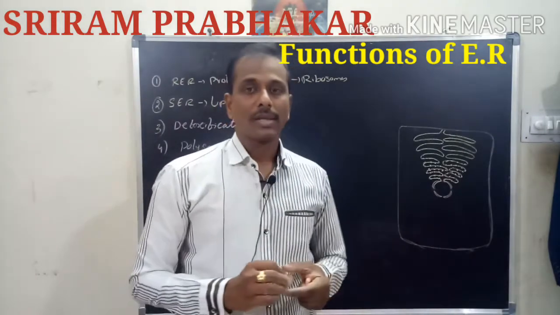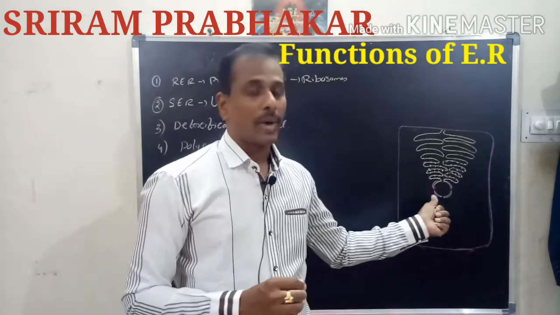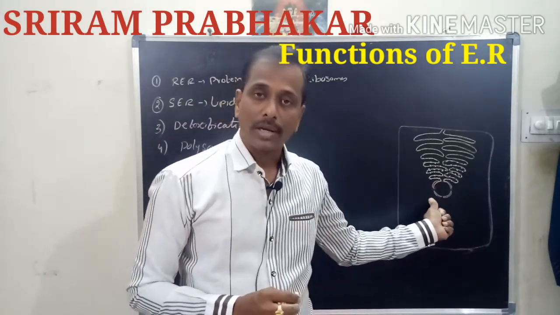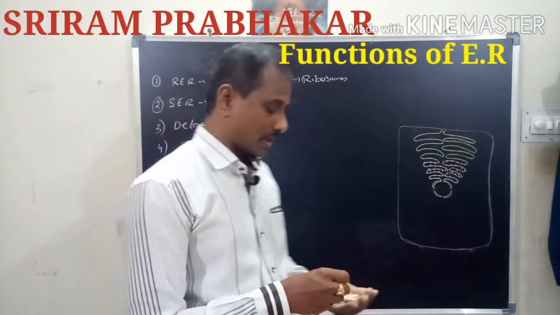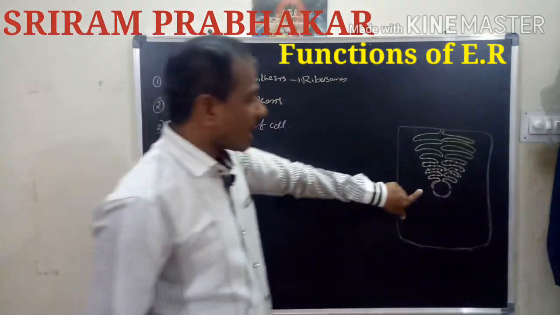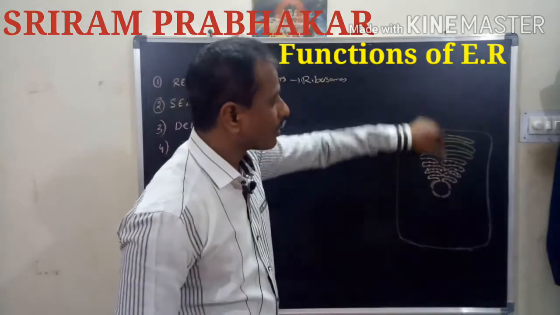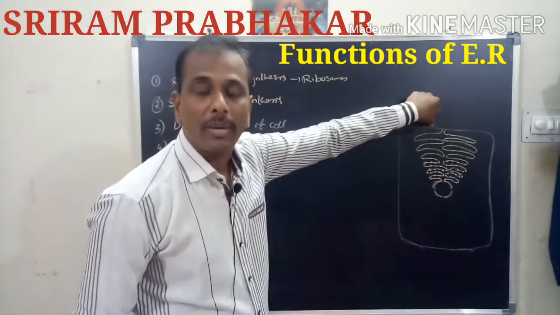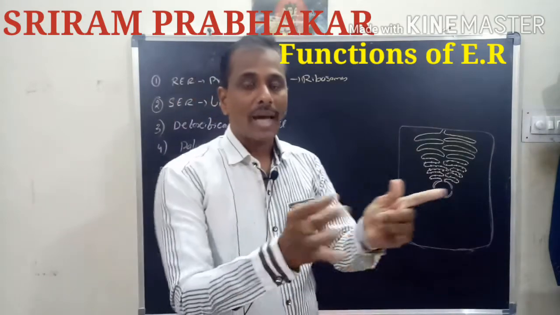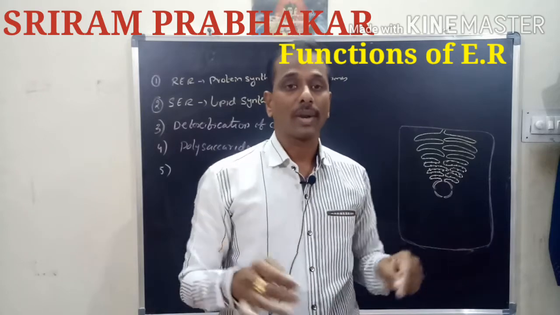Not only this, some other functions are also performed in the cell by the endoplasmic reticulum. What are those functions? See, the fifth one. The endoplasmic reticulum is spread from the nuclear membrane to the plasma membrane. It is formed as a tubular structure in a reticulate manner in the cytoplasm.